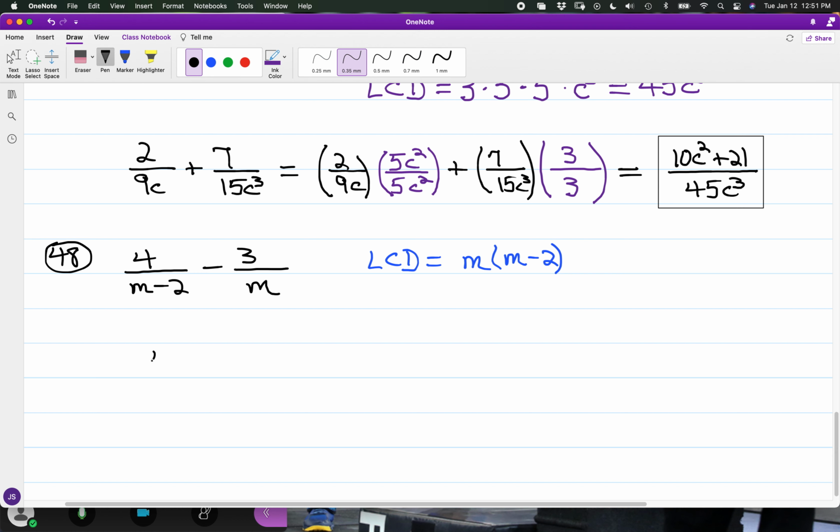For the setup, we raise both ratios to the least common denominator. We have 4 over m minus 2. Here we have the m minus 2 factor, and taking this into the least common denominator, we still have m left over.